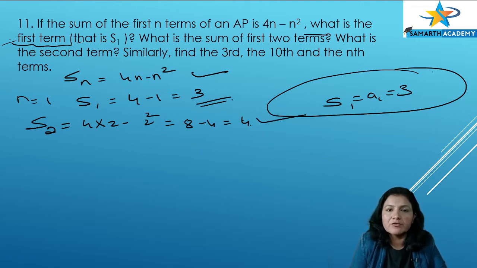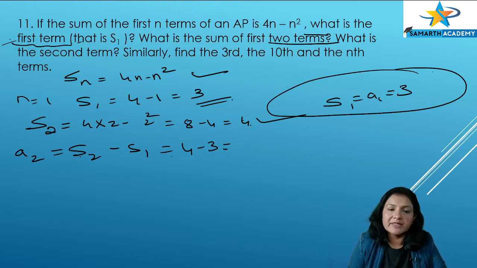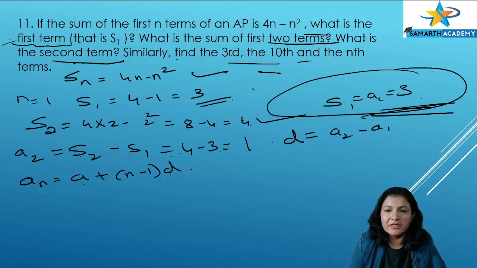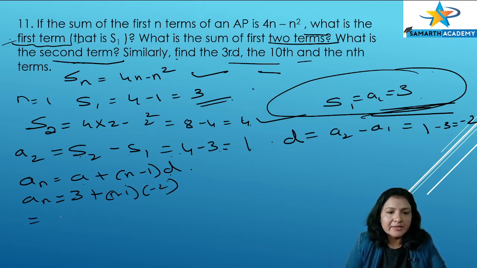So this we found is equal to S2 minus S1, that is 4 minus 3, 1. So the first term A is 3 and second term is 1. So D is equal to A2 minus A1, that is 1 minus 3, that is minus 2. So put here An is equal to 3 plus n minus 1 into minus 2, 3 minus 2n plus 2.